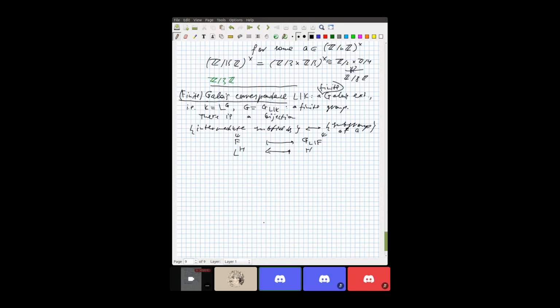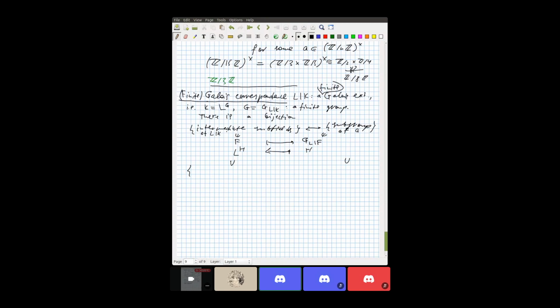So this is the Galois correspondence, but you may also restrict this correspondence to certain intermediate subfields of this extension.